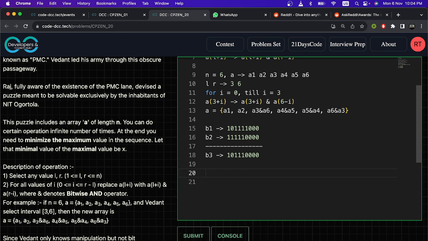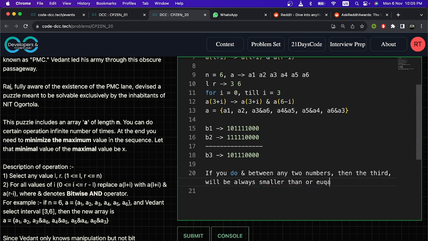You just have to work around this. If you do a bitwise AND operation between any two numbers, then the third number, which is the answer, will always be smaller than or equal to the given numbers, and they will be equal when both numbers are the same.